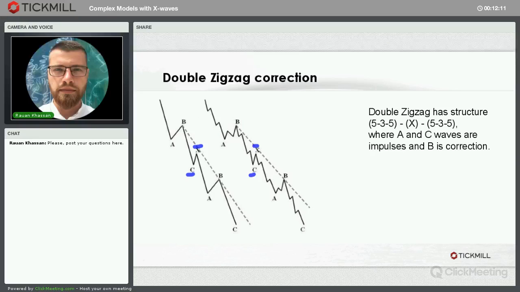For example, you would be trying to count it as an impulse move, but unfortunately it won't be recognized as an impulse move, first of all because it does not have the required properties.